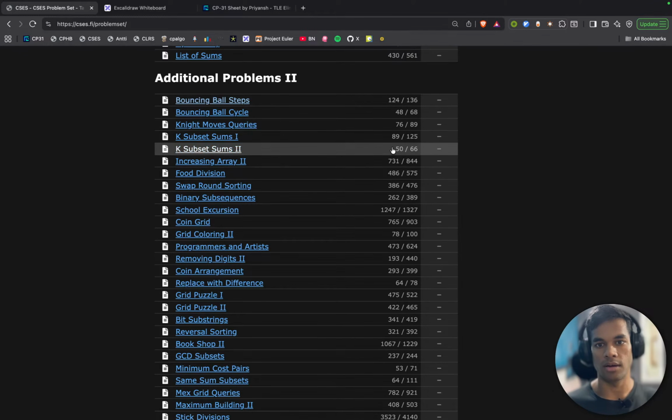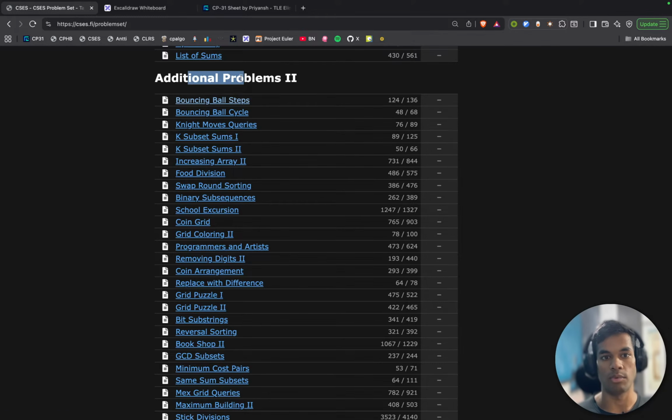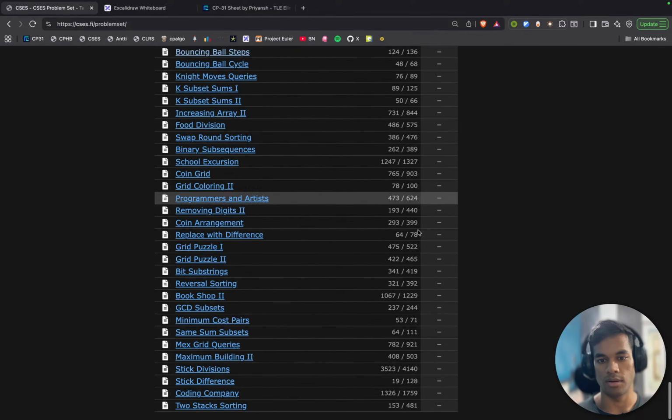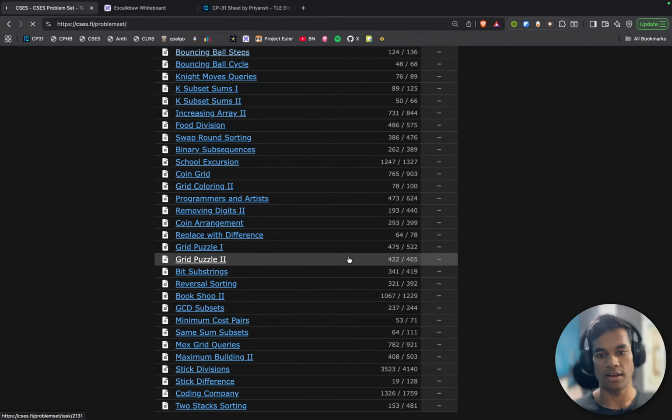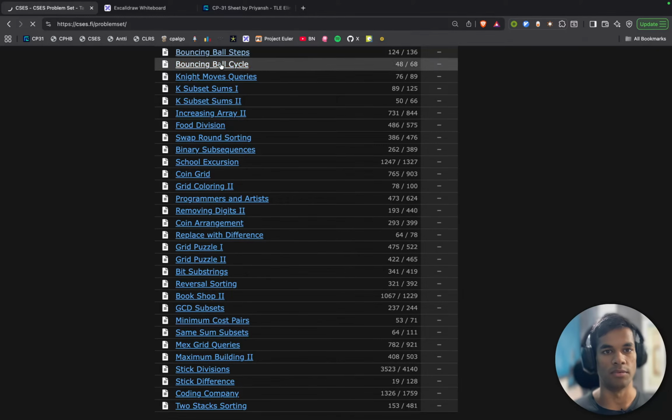For this one, only 50 people were able to solve it. Additional problems, part two: Stick Difference. 128 people have attempted this, and only 19 were able to solve it. That is crazy. Absolutely.